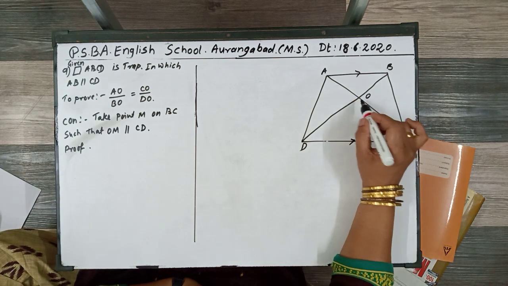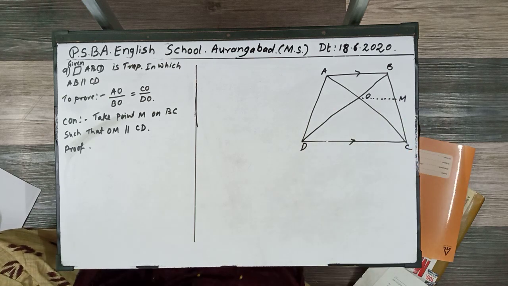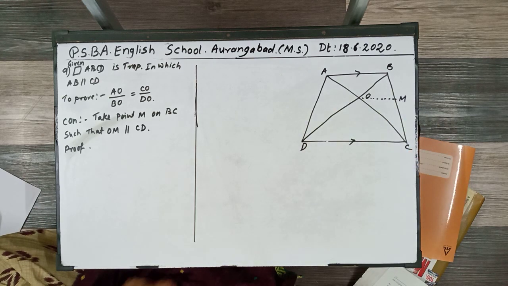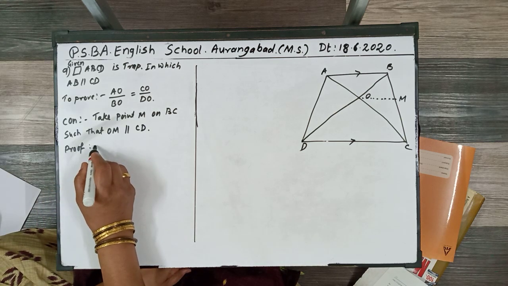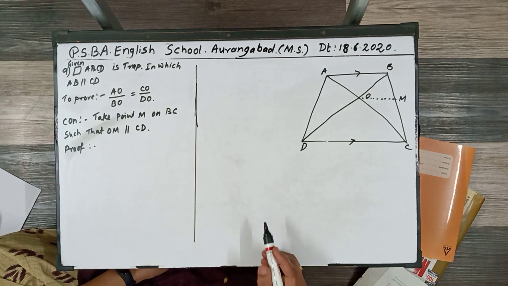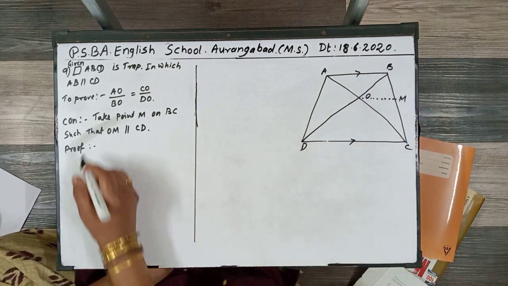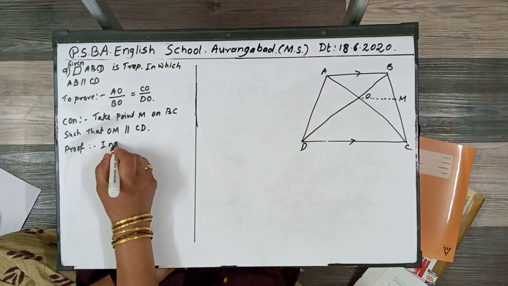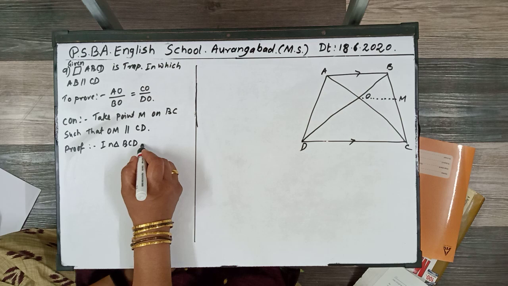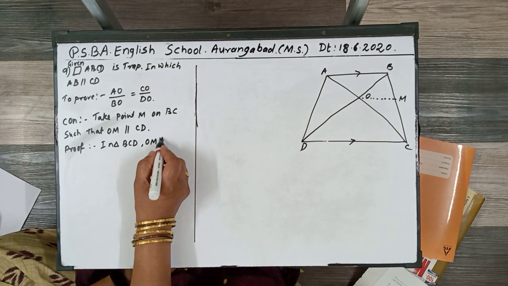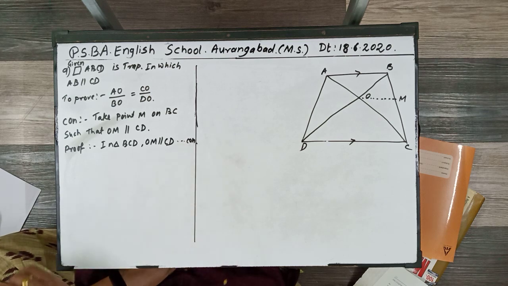So here we are going to take a point M on BC, such that OM is parallel to CD. Now proof. Let us consider triangle BCD. In triangle BCD, OM is parallel to CD, and the reason will be construction.